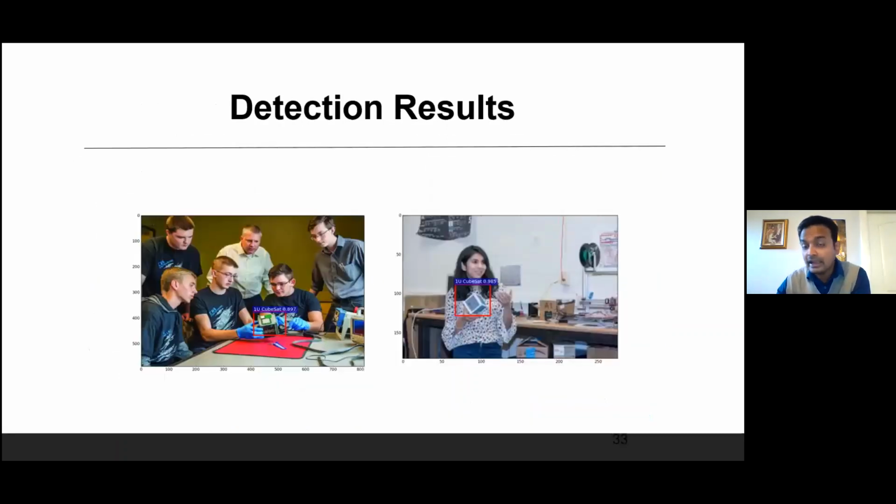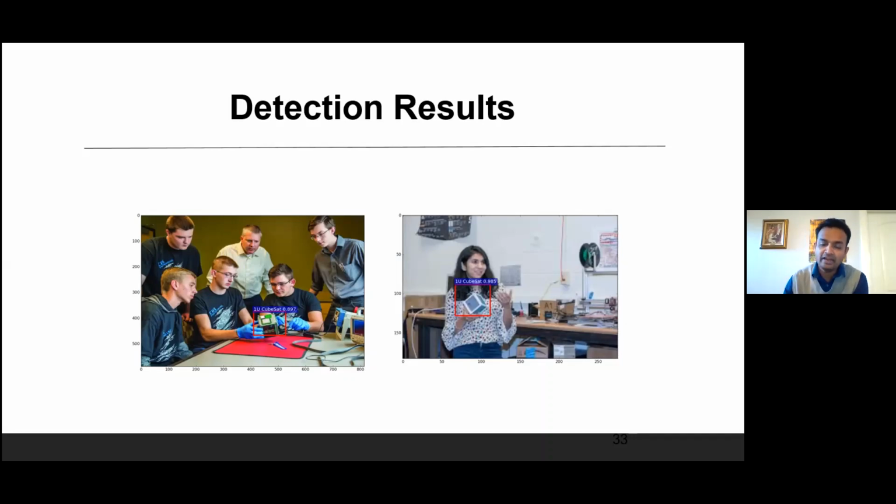That's why in this case, other than my videos, I used some other pictures to make sure I got the output. The first one and second one we considered hard problems for computer vision, because in the second one the lady is wearing a texture similar to the 1U CubeSat. And in the first one there are many people, but it accurately detects the CubeSat with high accuracy, like 0.89.